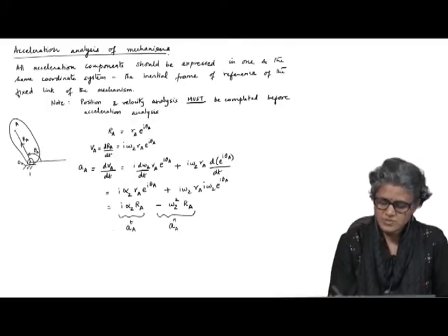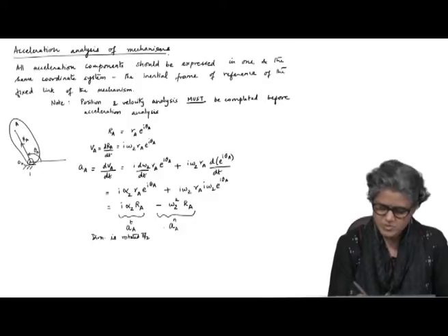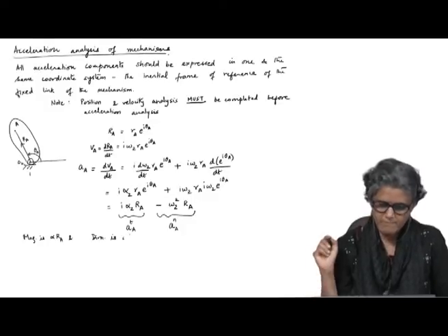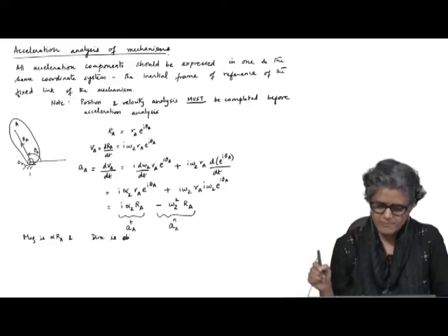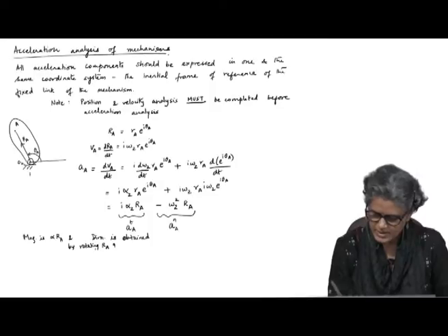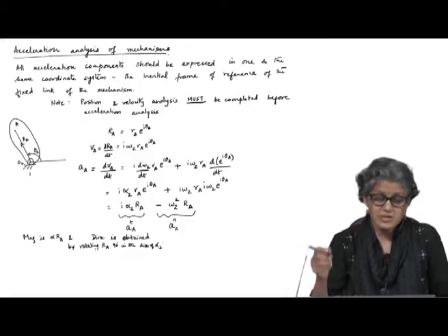So the magnitude is alpha times R_A and the direction is obtained by rotating R_A 90 degrees in the direction of alpha_2, similar to what we got for the velocity.